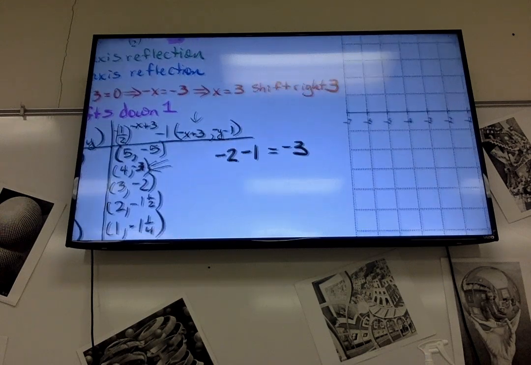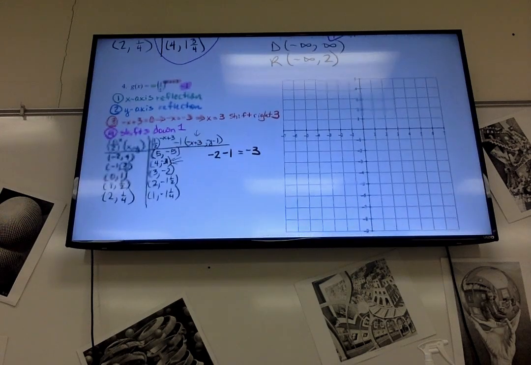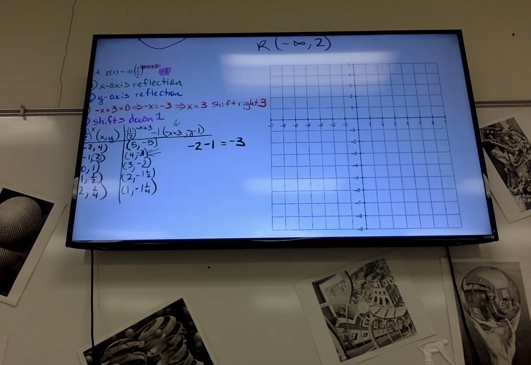Horizontal asymptote is at -1. I'm going to graph these points.